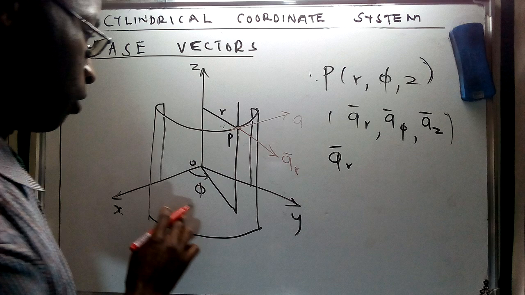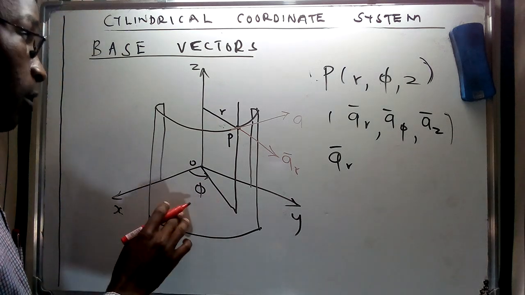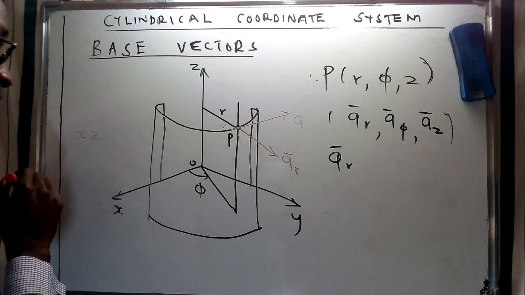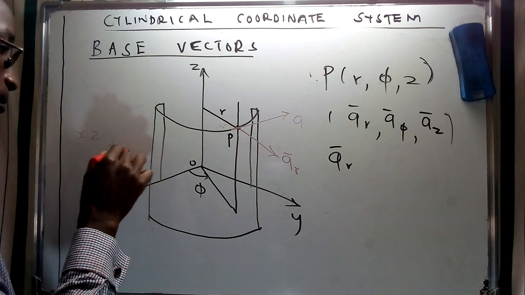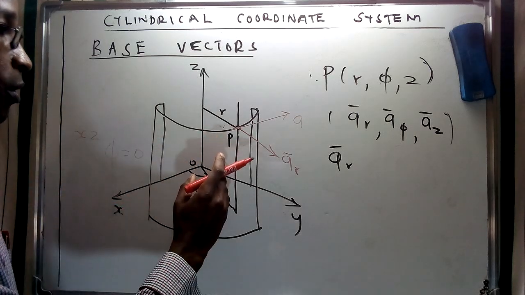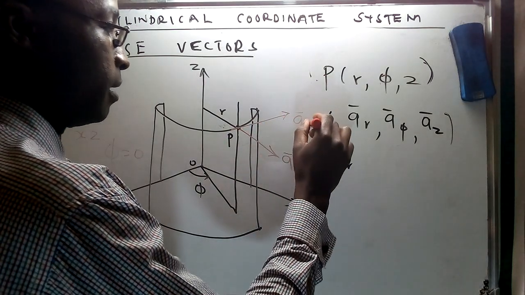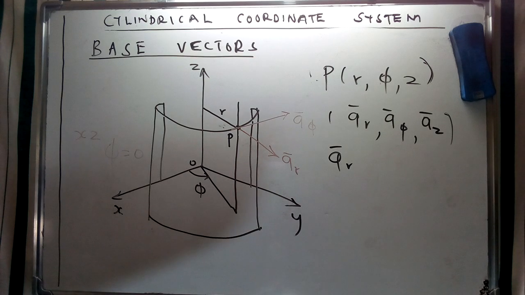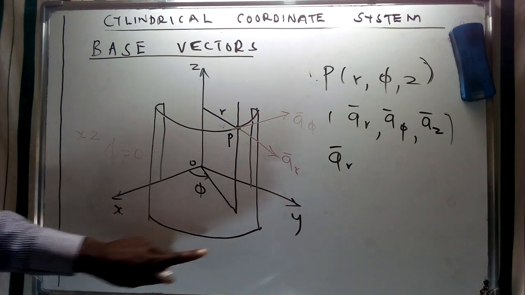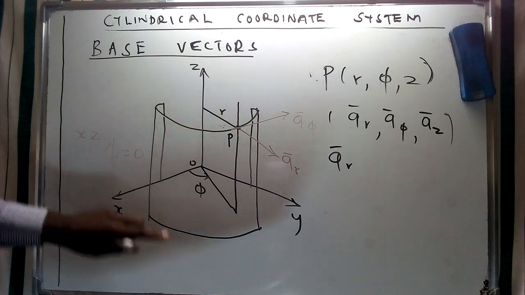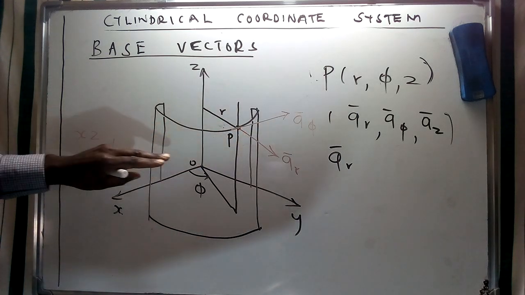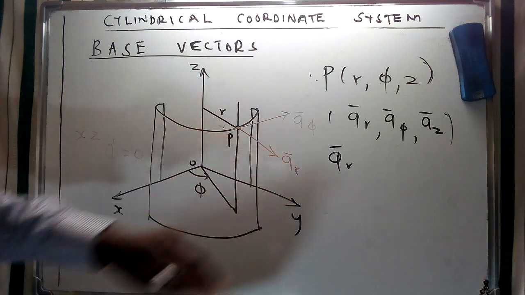We said that phi is an angle measured from the ZX plane, where we expect the ZX plane to lie at phi equals 0. So at this specific point, we indicate this vector in the direction in which phi is increasing. It lies in a plane parallel to the XY plane, and it is tangential to the surface of the cylinder.